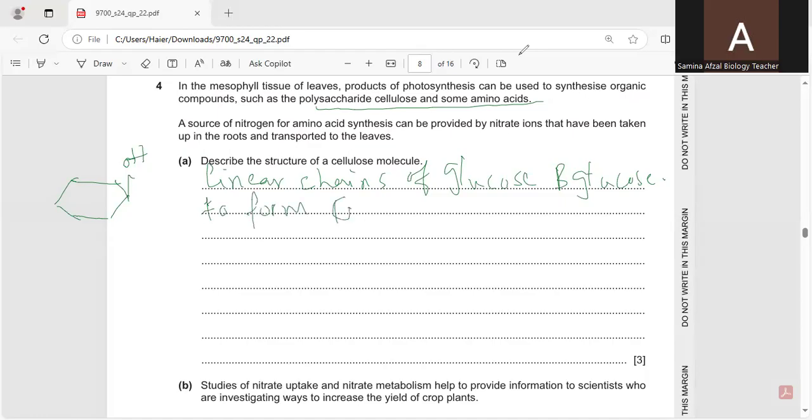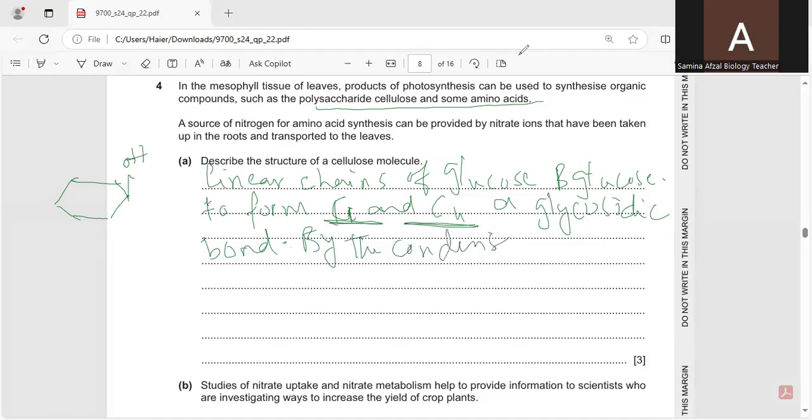one C1 and C4. They will join together to make a glycosidic bond between carbon C1 and C4. Formation of glycosidic bond will take place by the condensation reaction. And what is condensation reaction? Condensation reaction is that reaction in which on the formation of a bond, one water molecule is removed.